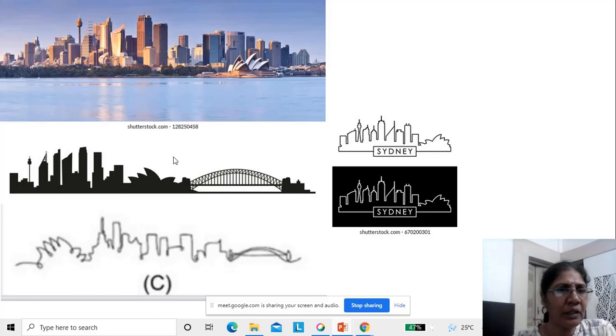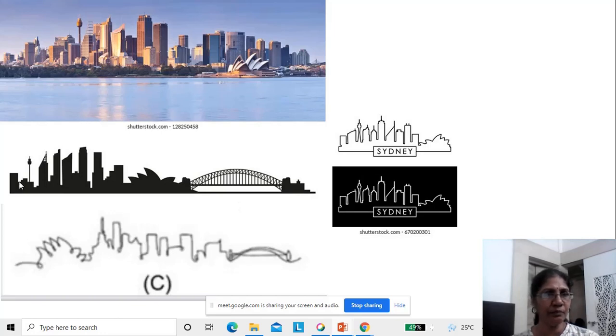You just type the skyline of Sydney, Australia, and you will get many such pictures. After this session, you can search for the skylines of a few more important cities from India too, like Bombay, and you'll get all these pictures, right?